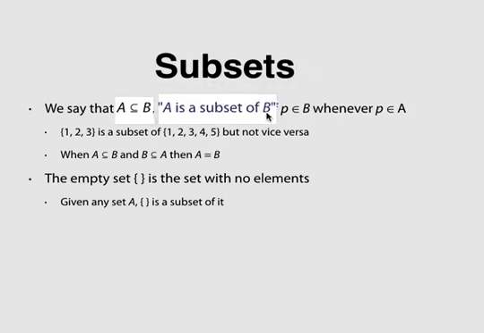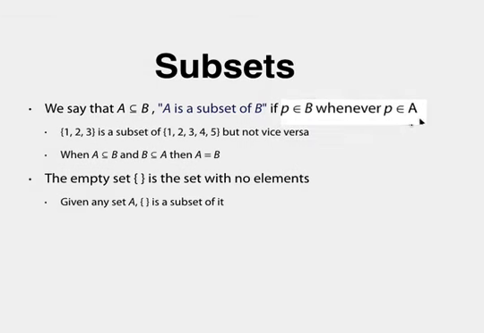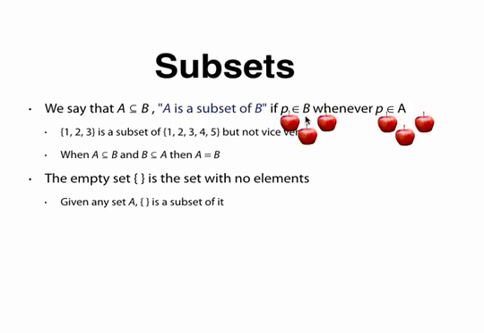A is a subset of B. What that means is that, remember, P is a variable, so whenever P is in A, any member of A is also a member of B. Or we could say P is in B whenever P is in A, right? So let's say A consists of apples, and B would also need to contain apples, right? Because if something is in A, then it would also have to be in B. Now B could contain also other things.